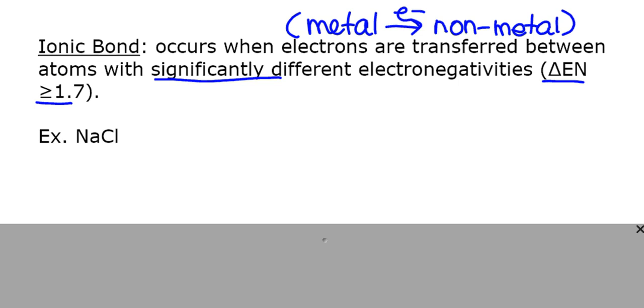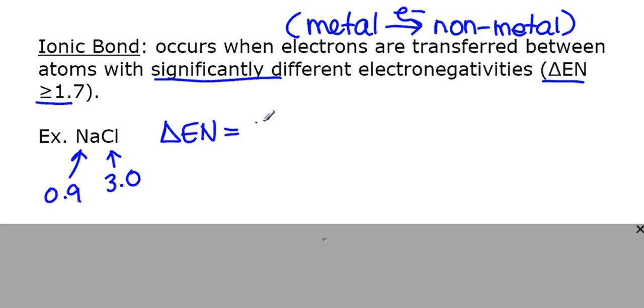So if we did the same thing for sodium chloride here, we'd want to look up its electronegativity difference. Chlorine's electronegativity value is 3. When you go on your periodic table for sodium, it is 0.9.